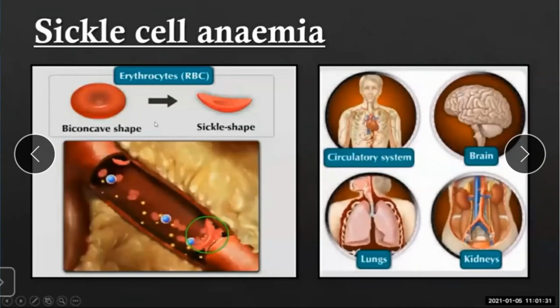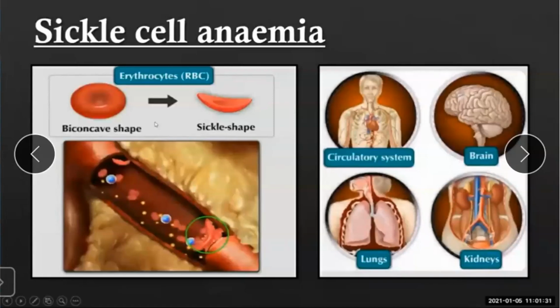As a result, blood vessels are obstructed, and the circulatory system, brain, lungs, and kidneys are damaged.